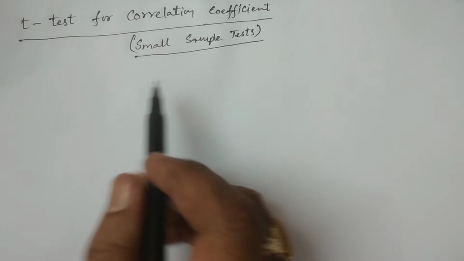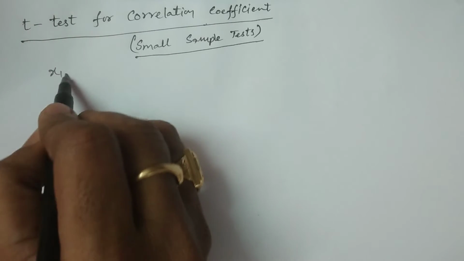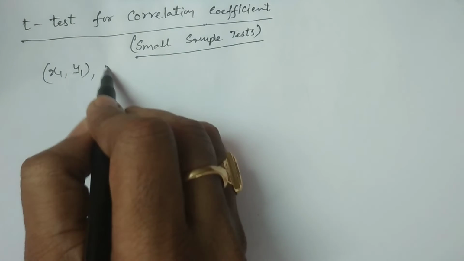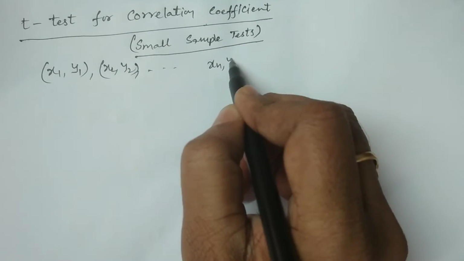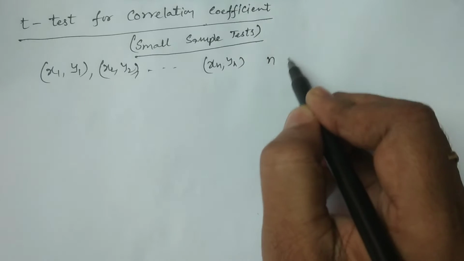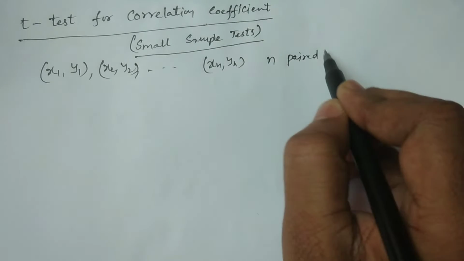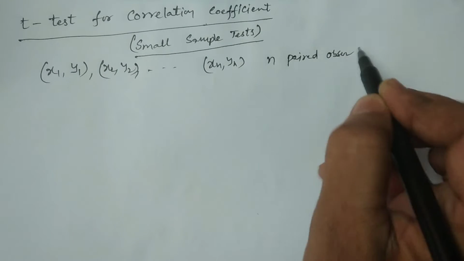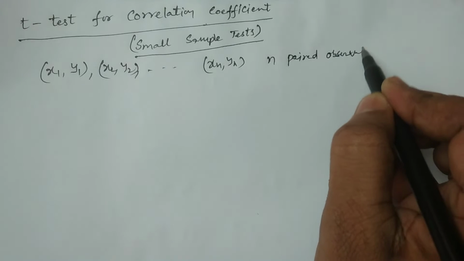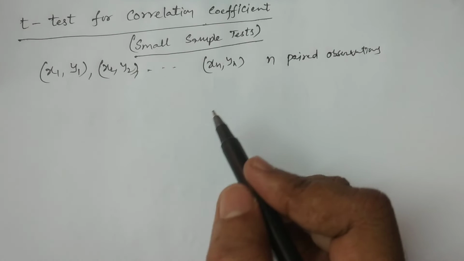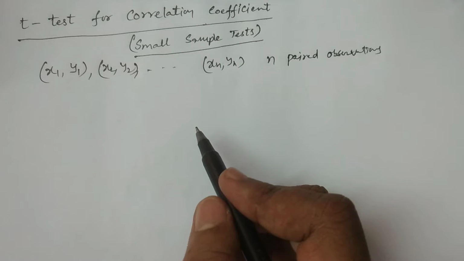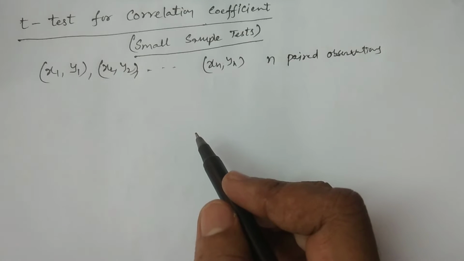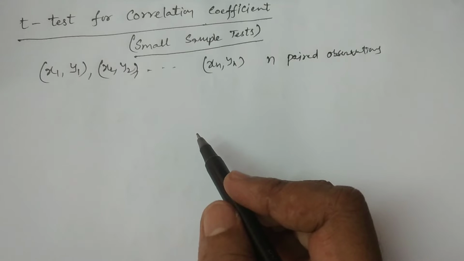Here I consider x1, y1, x2, y2, and so on, xn, yn as n paired observations drawn from a bivariate normal population, for example with means mu1 and mu2 and variances sigma 1 square and sigma 2 square.